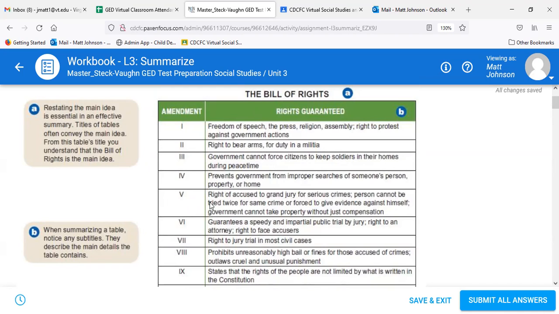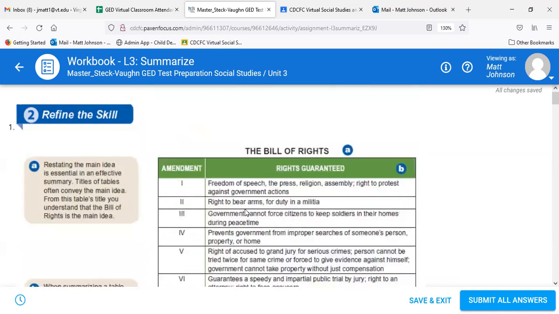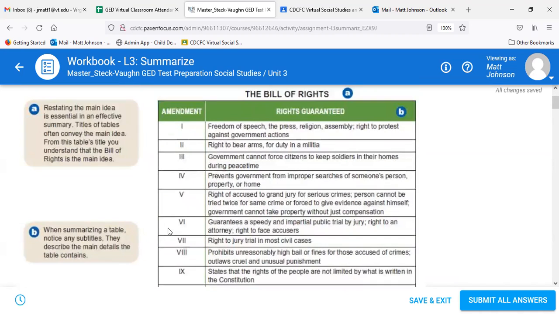So we'll be able to come back and reference this a little bit, but we know basically, number 1's freedom of speech, press, religion, assembly, right to protest against government action. 2's right to bear arms, or duty in a militia. 3, government cannot force citizens to keep soldiers in their homes during peacetime. 4, prevents government from improper searches of someone's person, property, or home. 5th was the rights of the accused.